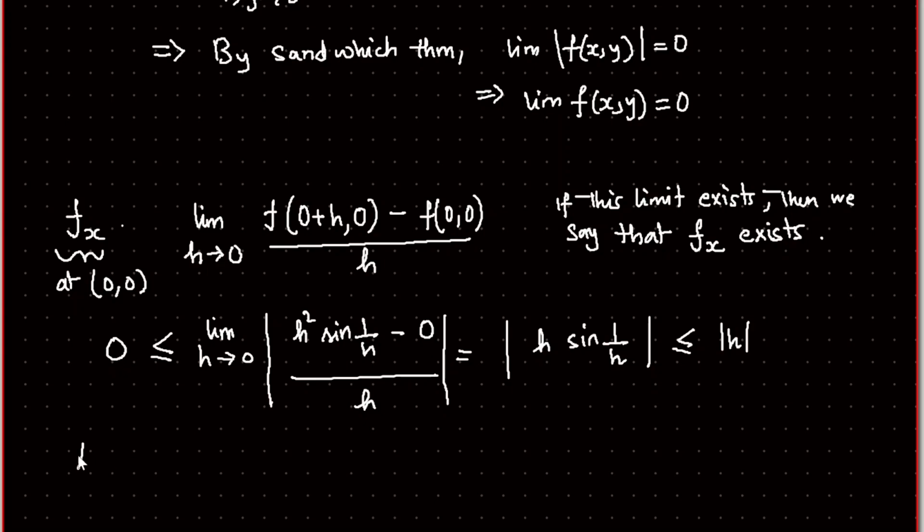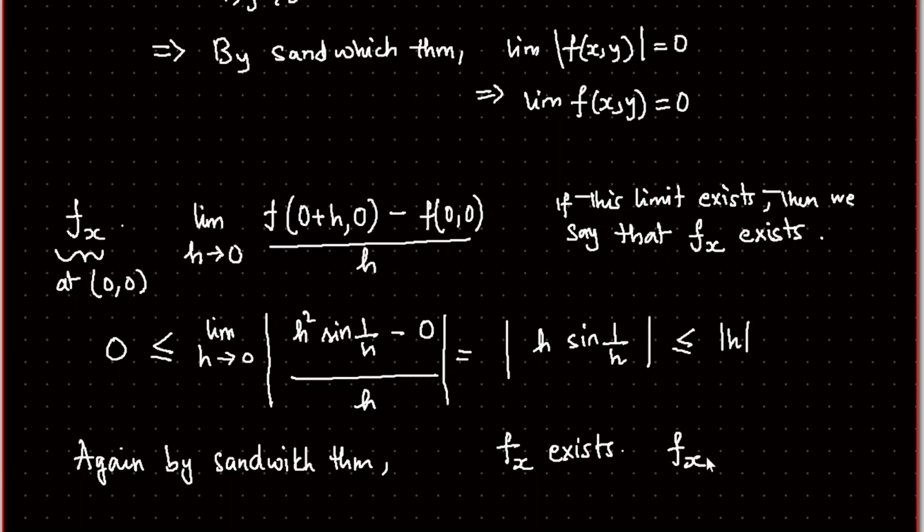So again by the sandwich rule, the partial derivative of f with respect to x exists. Not just that it exists, we can also say that it is equal to 0, because the limit is 0, right?